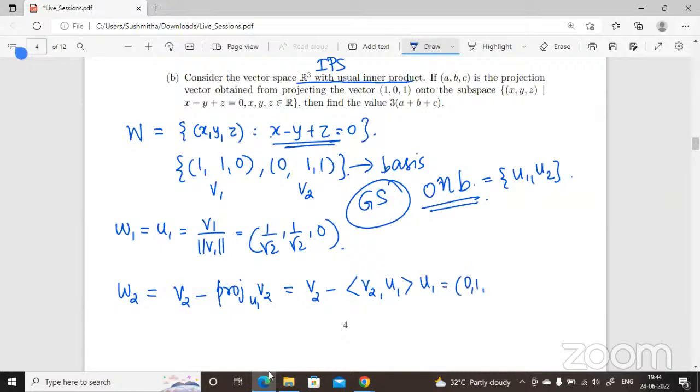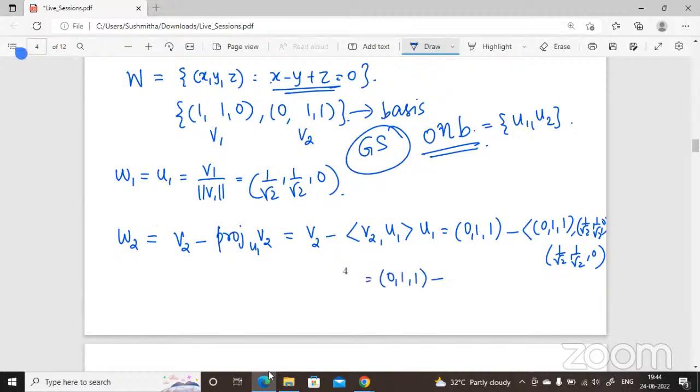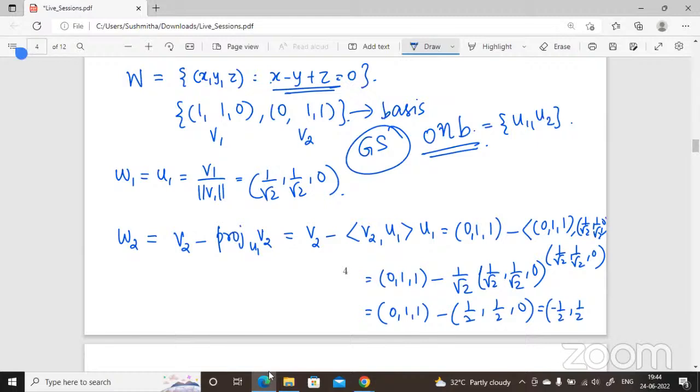So 0, 1, 1 minus inner product of 0, 1, 1 with U1, 1 by root 2, 1 by root 2, 0, which is 1 by root 2, times 1 by root 2, 1 by root 2, 0. So this is 0, 1, 1 minus 1 by 2, 1 by 2, 0. So this is minus 1 by 2, 1 by 2, 1.